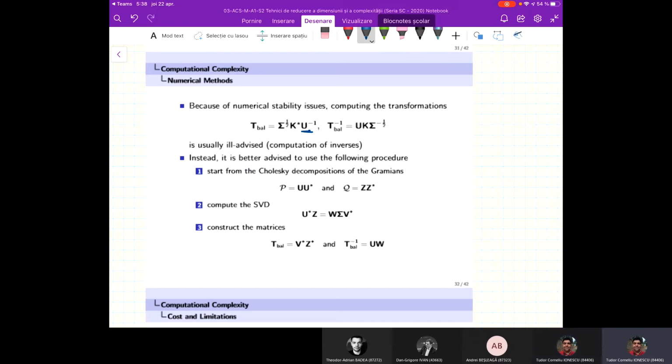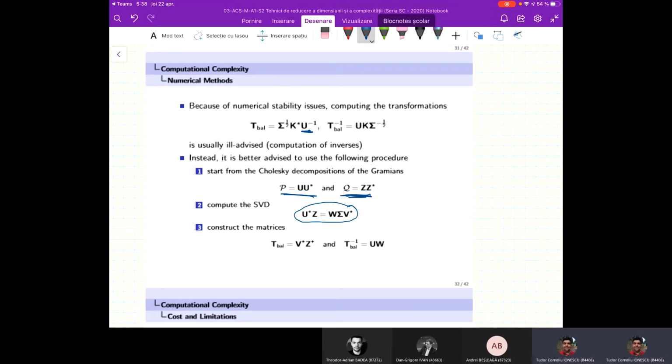It's better advised to use the following procedure. You start from the Cholesky decomposition of both Gramians. You see here, both the controllability and observability Gramians are factorized. Then you compute the singular value decomposition, not the eigenvalue decomposition, of the factors U star Z, because this is much easier to compute.